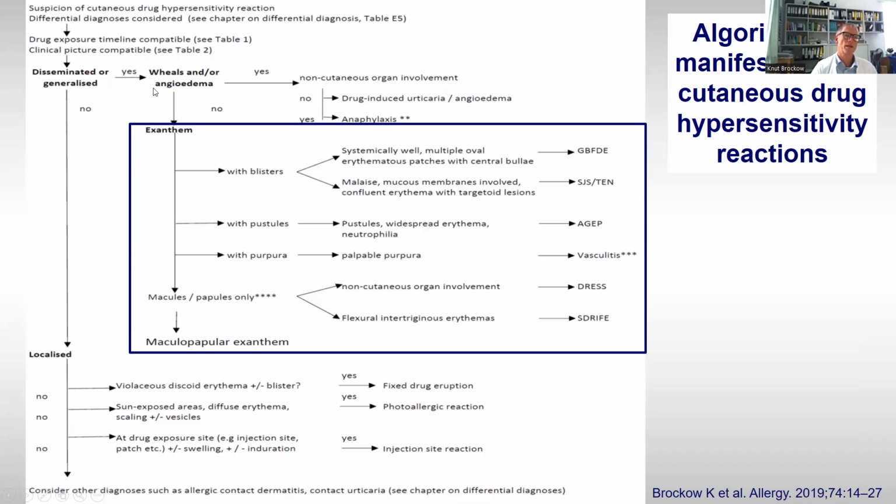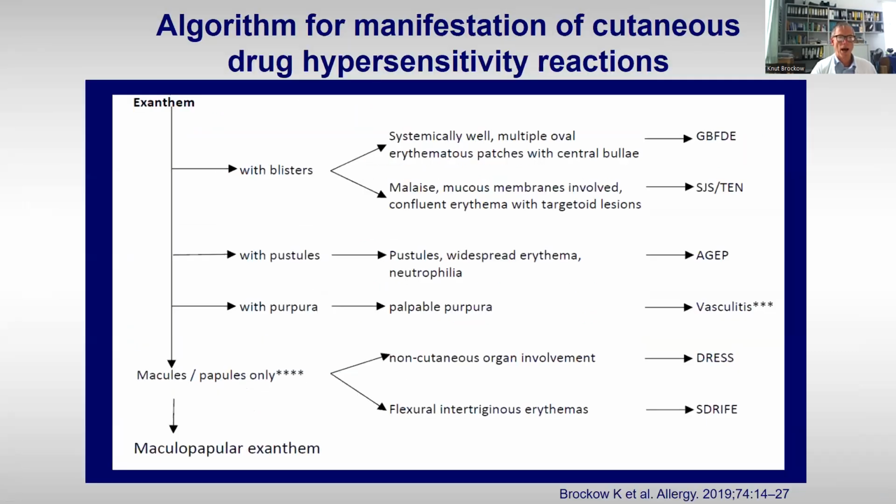In disseminated or generalized reactions, you might have either urticaria, wheals and or angioedema or exanthems. And if you have got wheals, you can also have an association with the wheals or angioedema. You can also have anaphylaxis. Concerning exanthems, and let me highlight this for you, you normally have in more than 90% of the patients a maculopapular exanthem.